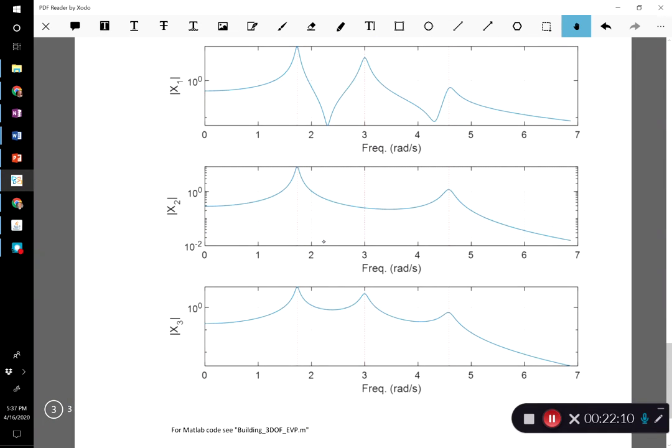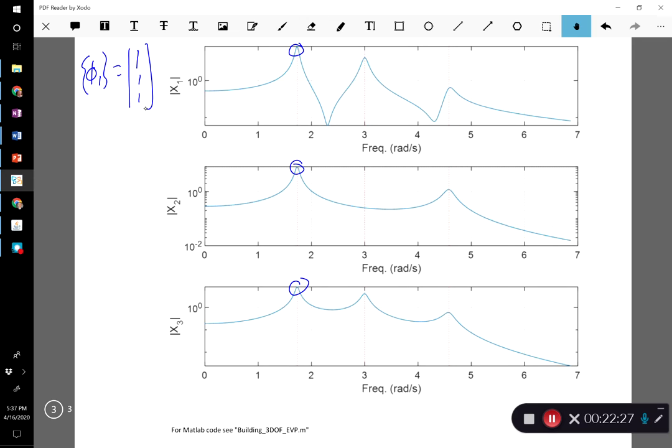And that's exactly what we see here. When we get to the first natural frequency, we have equal amplitudes. And that comes about because the first mode shape was 1, 1, 1.